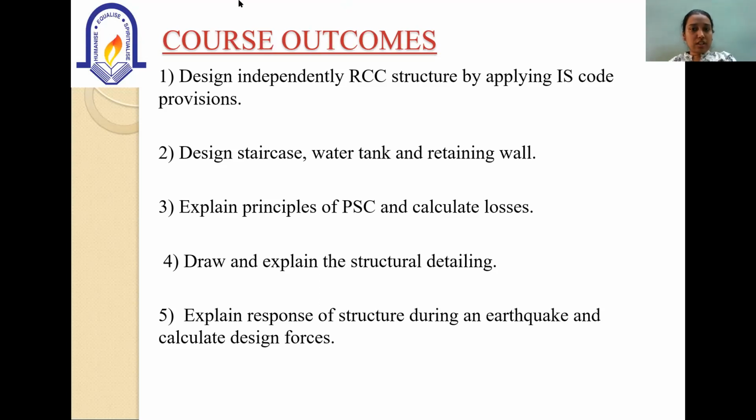Again, the design of staircase, water tank, and the retaining wall. After studying this subject, you should know the design of the staircase, water tank, and the retaining wall.